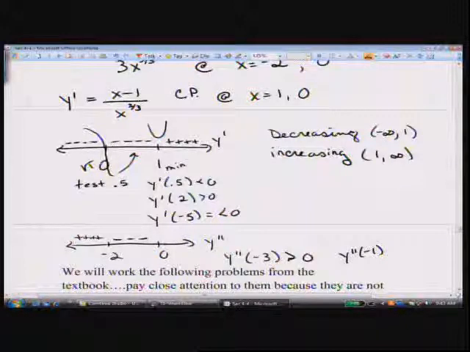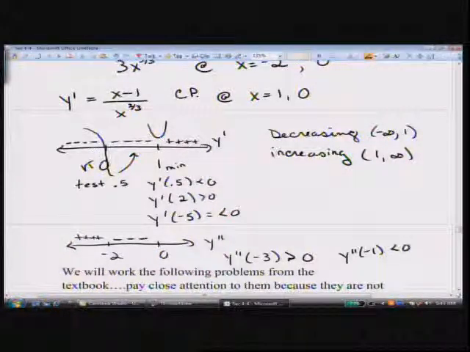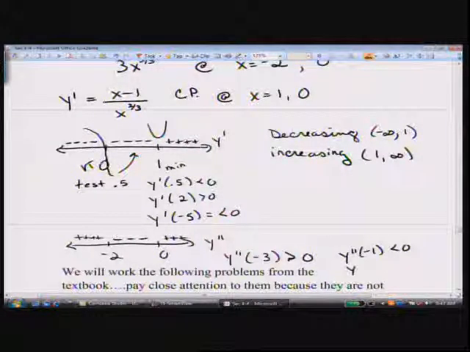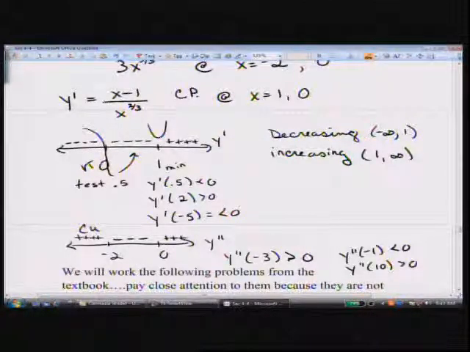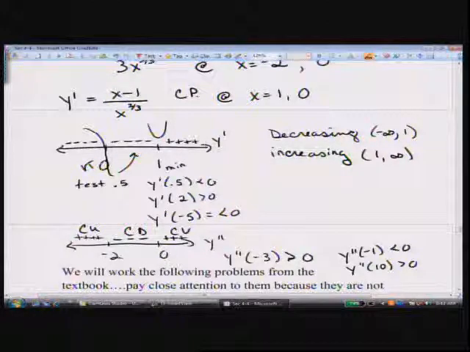And if I put a number like 10, I will get a positive over positive, so it's going to be positive. So I'm concave up, concave down, concave up. So at that vertical tangent of 0, I actually change concavity. Okay?